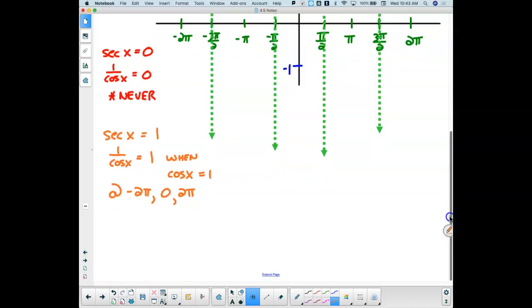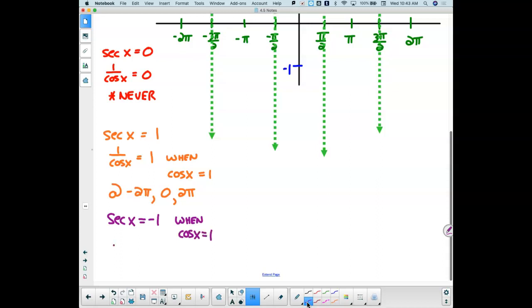When is secant equal to negative 1? When what? Say louder. When cosine equals negative 1.